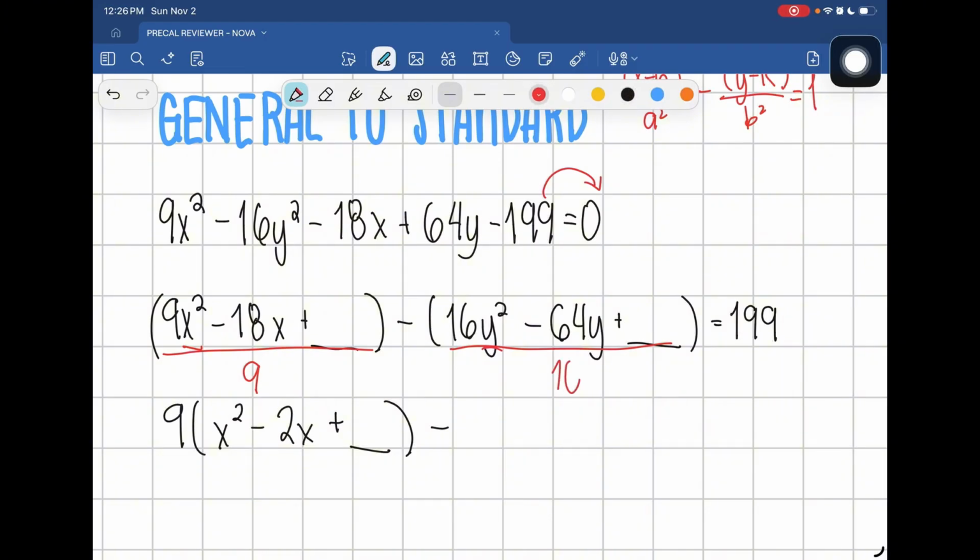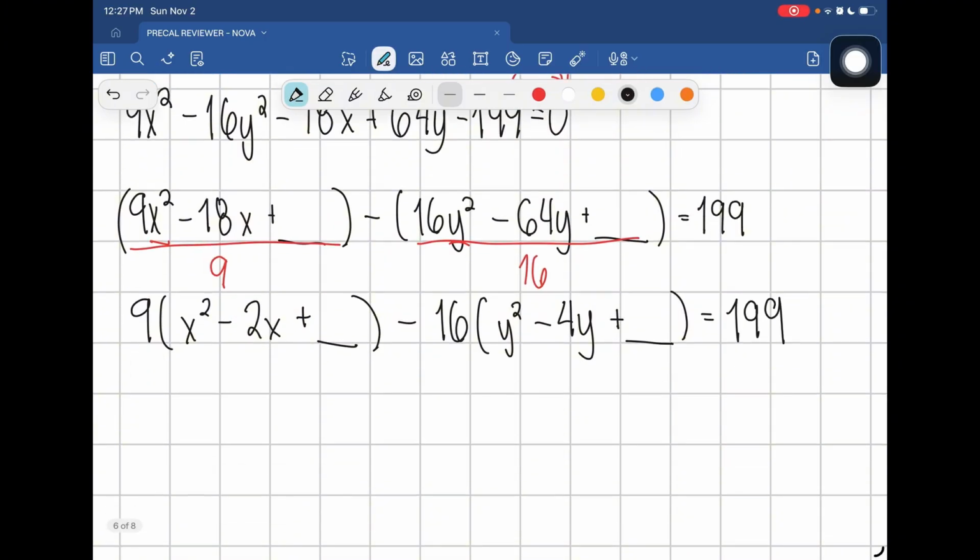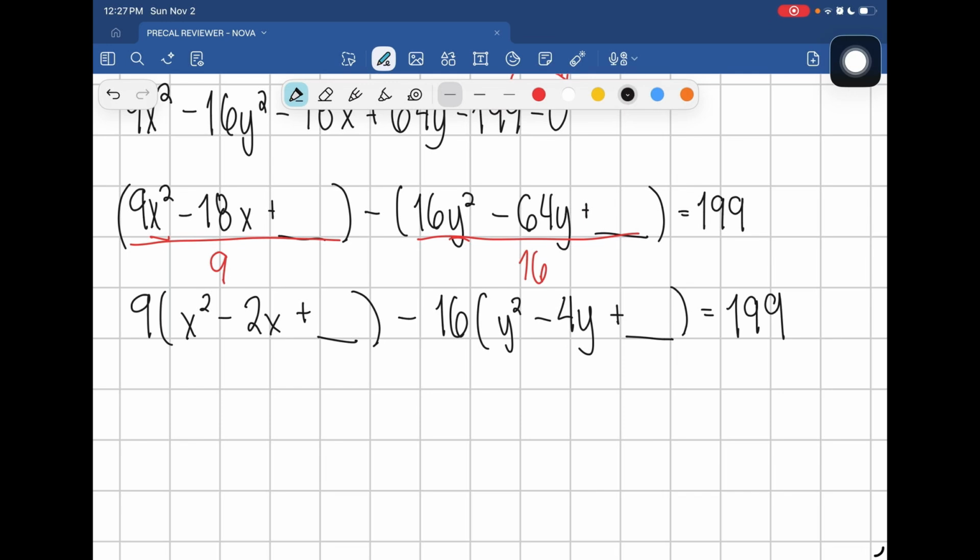Let's use the color red. So 16 divided by 16 is equal to 1, so it becomes, let's factor out 16 because we want to factor it out, y squared. Next, 64 divided by 16 is equal to 4y. So negative 4y plus blank and 199. After that, we want to complete the square, so we can do that now.